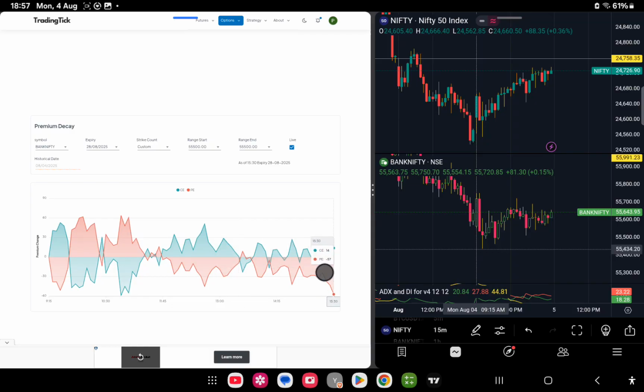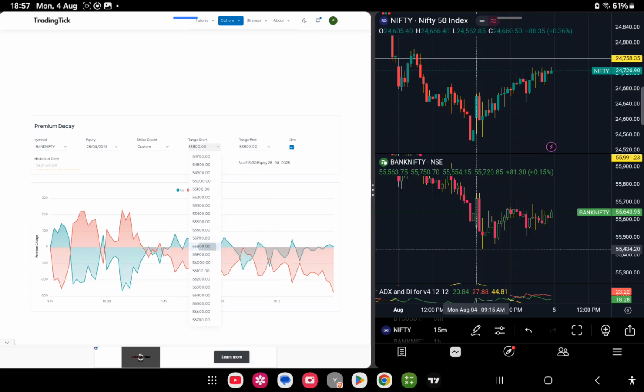At the end, from 3 o'clock the decay on the put side was very high, and the call side is also slowly drifting. It was the seller's day. Now we'll take 800.